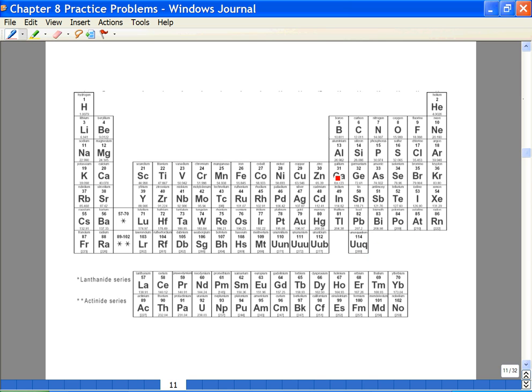So the first one is nitrogen, fluorine, and arsenic. So nitrogen is right here, fluorine is right here, and arsenic is right here. So we know that ionization energy increases as you go up and as you go to the right.